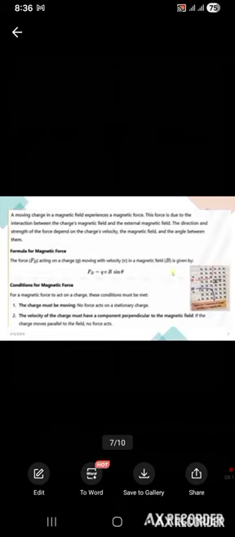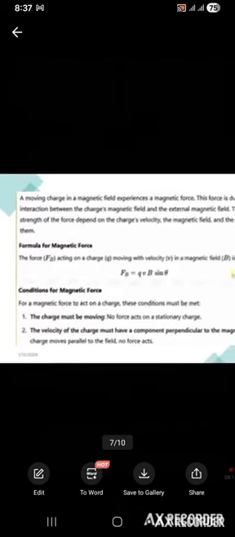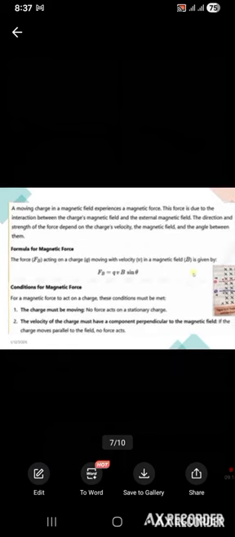Okay, there are some conditions for the magnetic force. That is a very important short question. For a magnetic force to act on a charge, these conditions must be met. The charge must be moving, having some particular velocity.